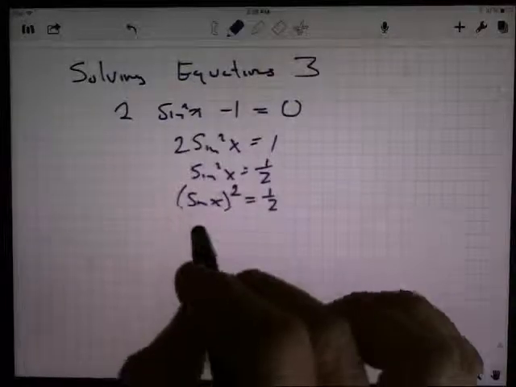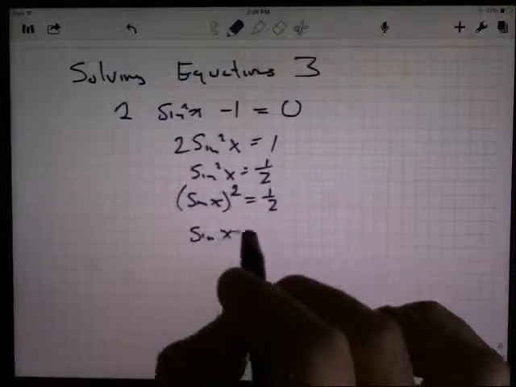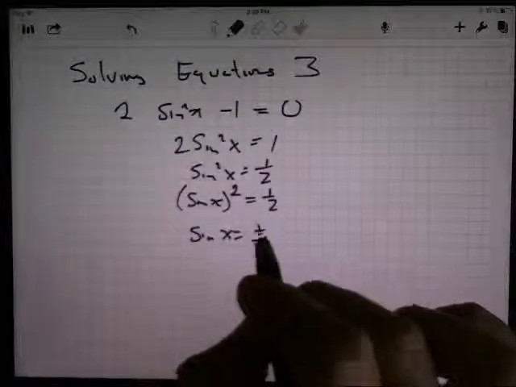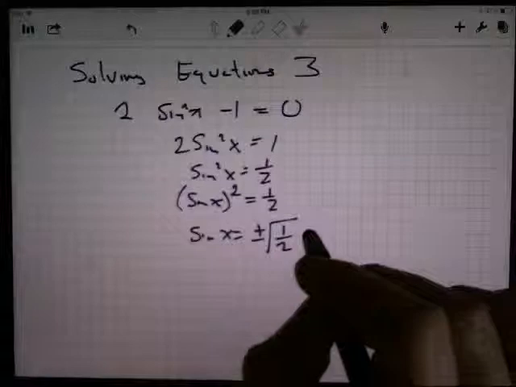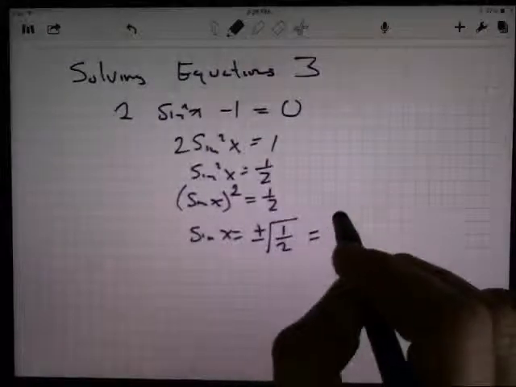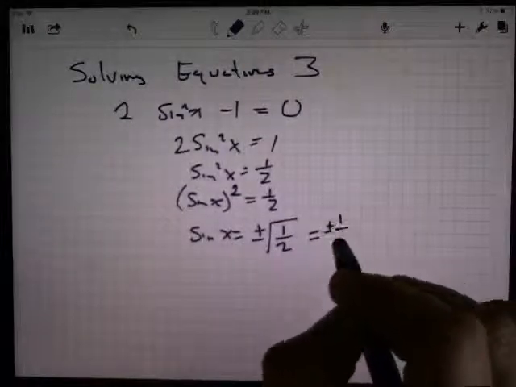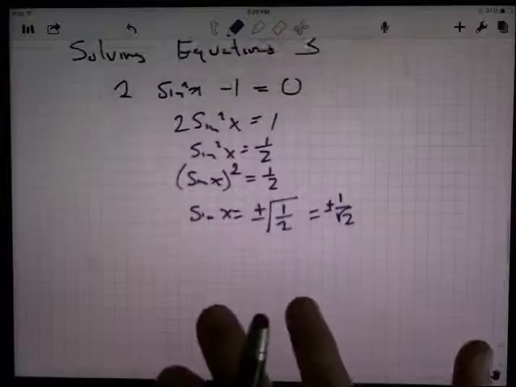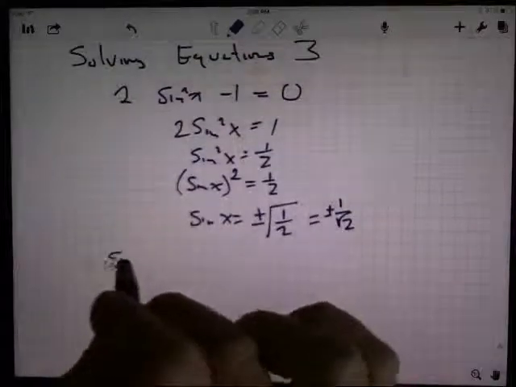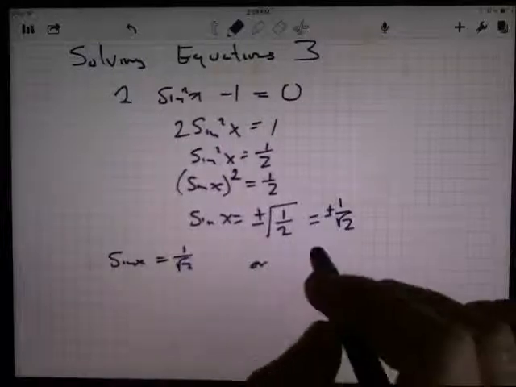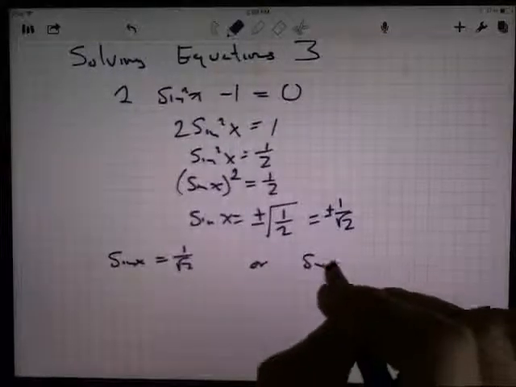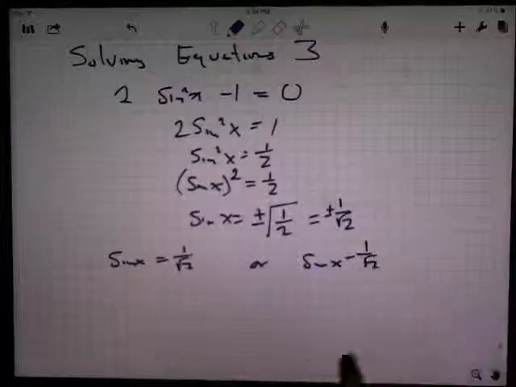So take the square root of both sides to get that the sine of x is either plus or minus the square root of 1 half, which would be just plus or minus 1 over the square root of 2. So this really gives me two equations here, because it gives me that the sine of x is 1 over the square root of 2, or it gives me that the sine of x is minus 1 over the square root of 2.